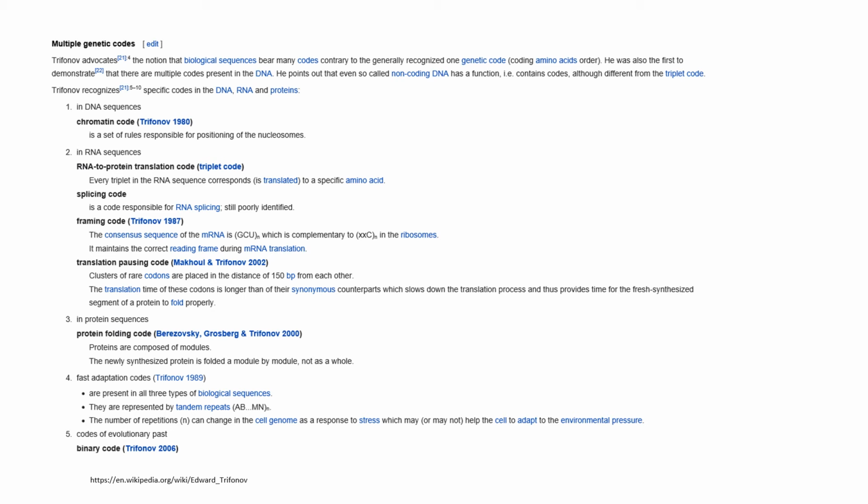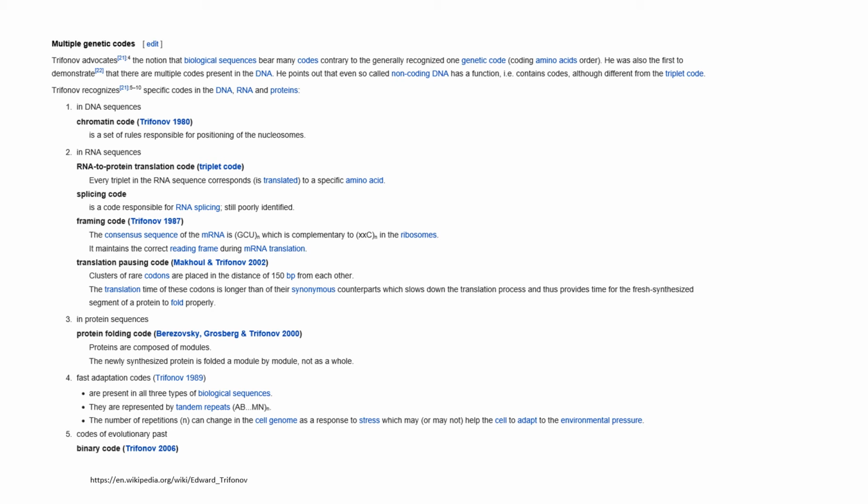The translation pausing code, things that slow down or pause the translation of the RNA, and we've already talked about that, that allow time for the protein to fold properly, and we've seen that a lot of that is governed by the use of the synonymous codons.